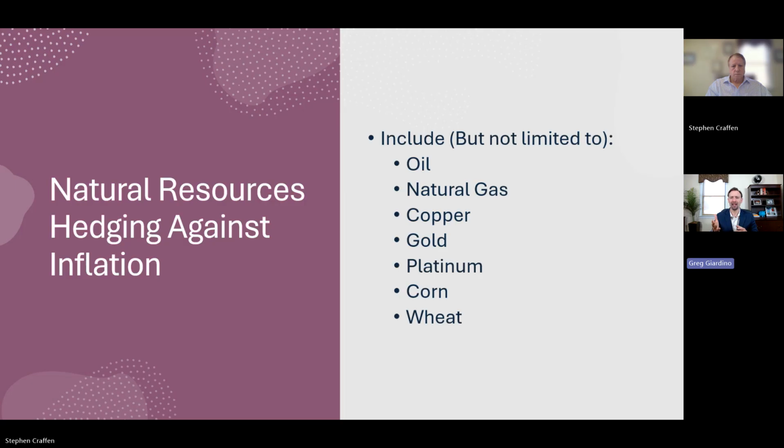So we have some on here that we like: oil, natural gas. Gold is in here. I know there may be some gold bugs on this call here, but you'd be surprised, even though gold has had a really good year here in 2025, if you look at it historically speaking, it does have some inflation protection, but it's not perfectly correlated. So whenever inflation is up, it doesn't mean gold is always up.